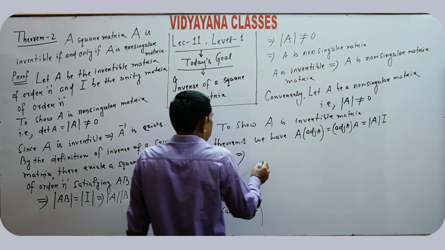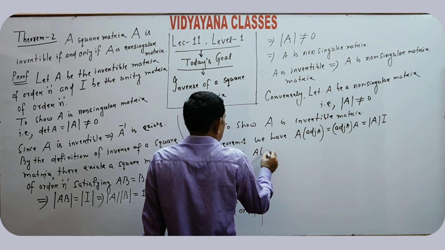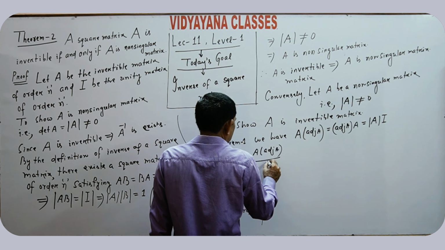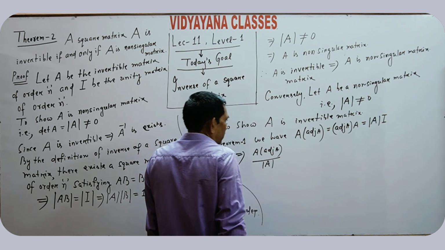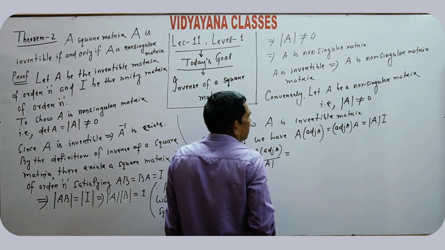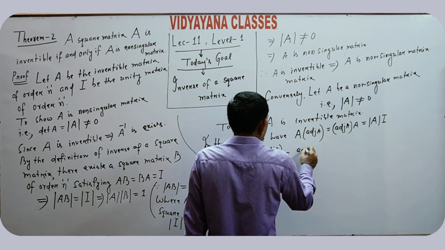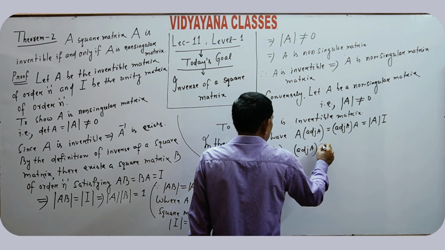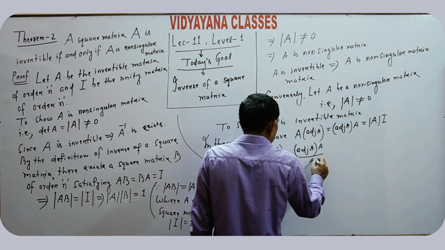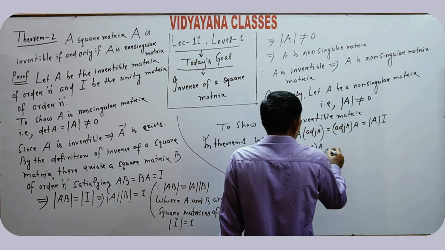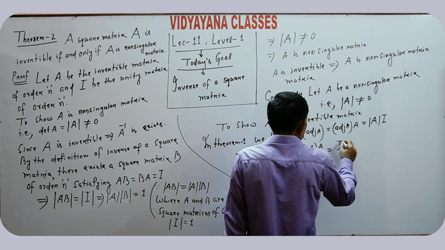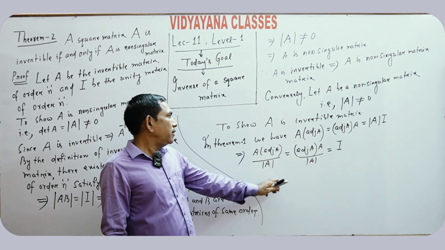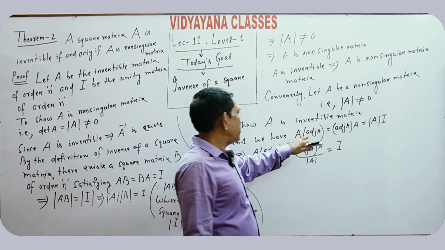That implies A into Rj divided by determinant of A, which is same as Rj into A divided by determinant of A is equal to I. Dividing determinant of A at each term.